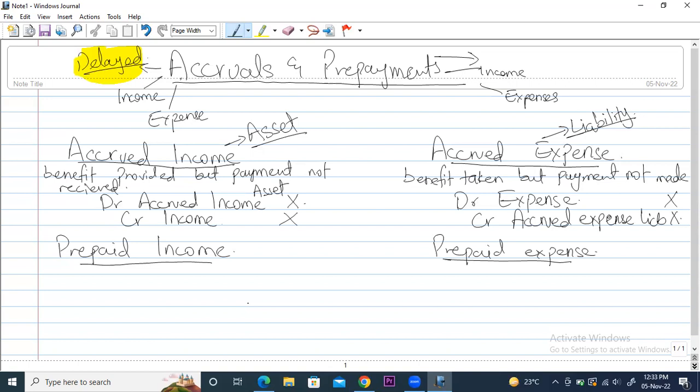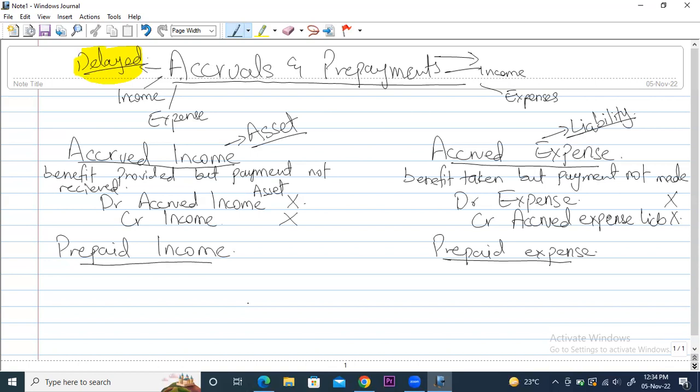Let's say you're done with F3 level, and I'm teaching you the next level, F7. I ask a student that you can make the fee payment now, and I will teach you in January. Let's say I'll start the classes from 1st January. You can make the fee payment today, tomorrow, or till 10th November, and I'll teach you from 1st January. So that benefit is yet to be provided by me, but payment is received beforehand.